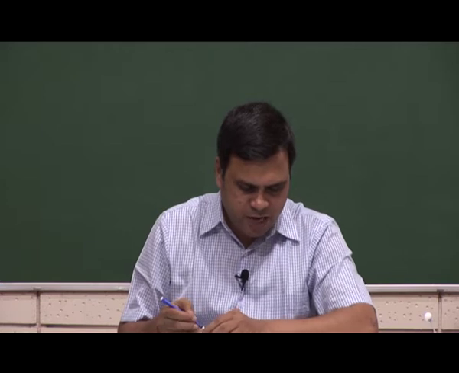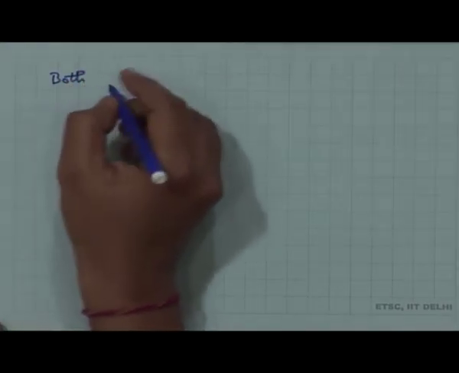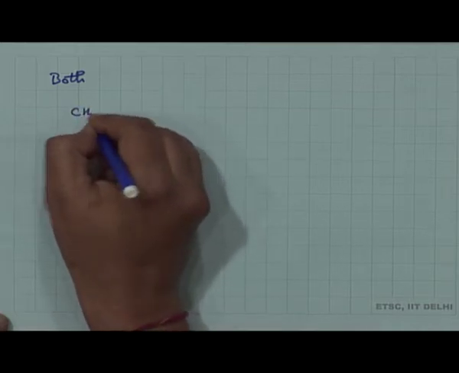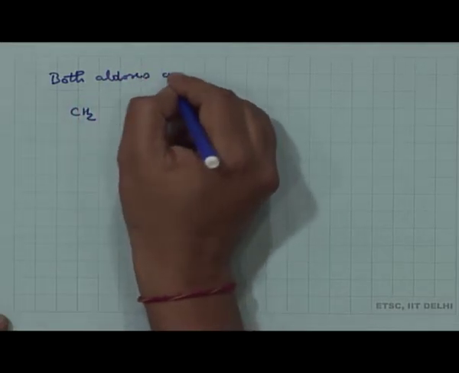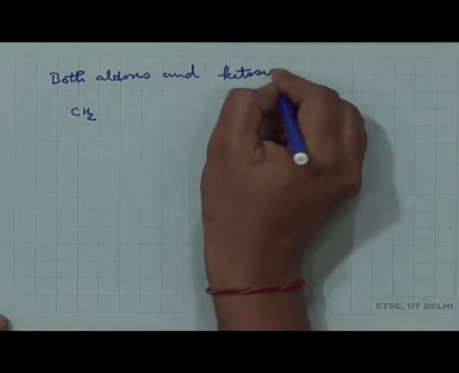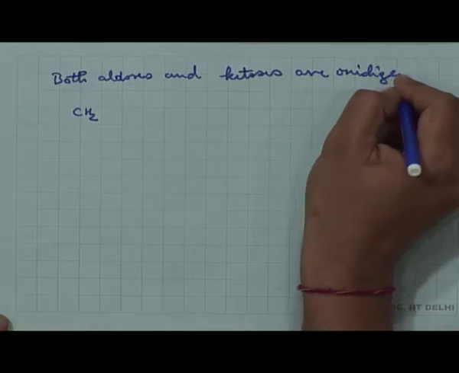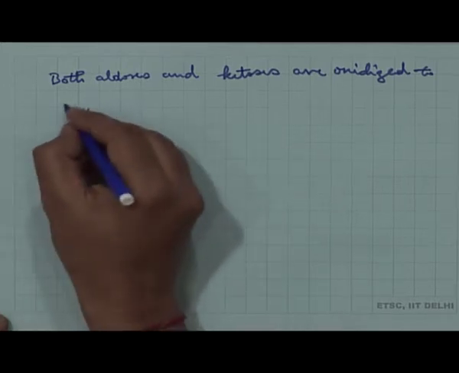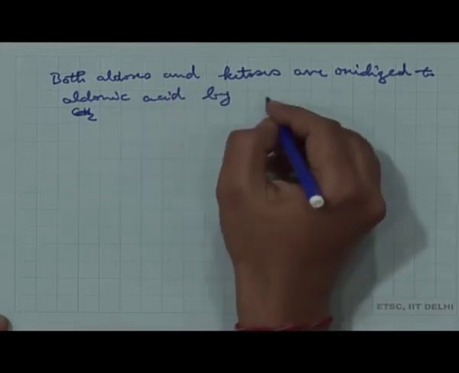Both aldoses and ketoses are oxidized to aldonic acid by Tollens reagent.